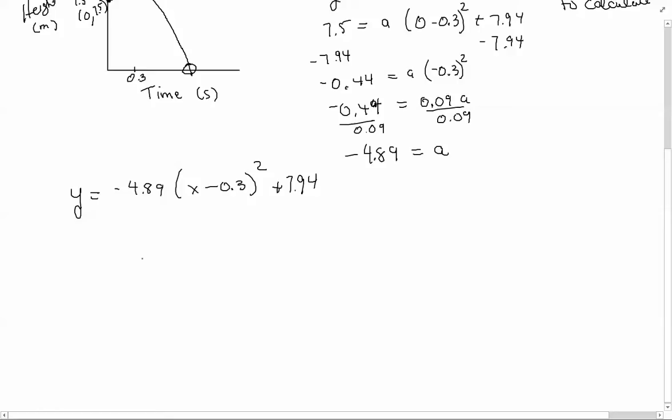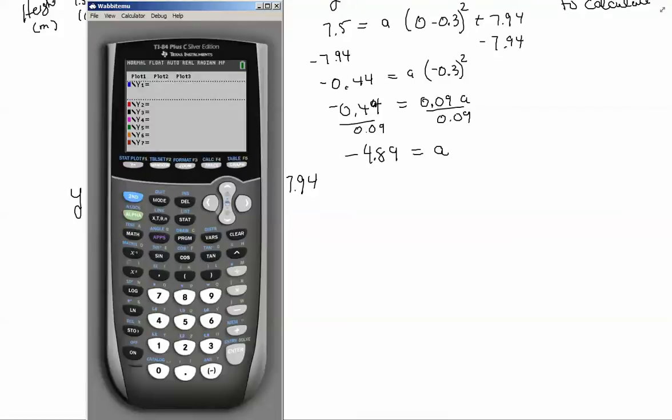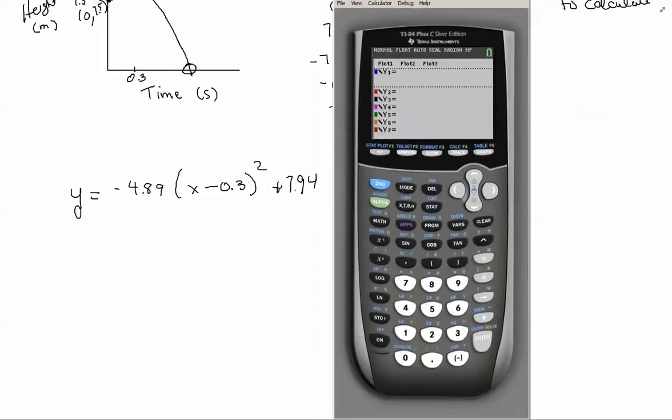We could graph this and solve it. We could turn it into a quadratic equation in standard form and solve it, but that is how you put it into an equation. So I've just managed to open up my calculator. Of course, I put it on top of the equation we want to calculate.